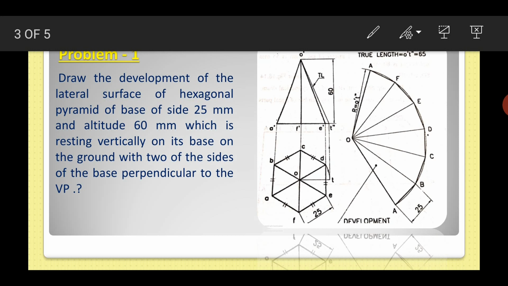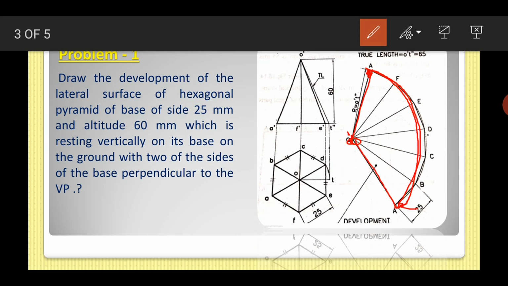Next, you mark the point O and make an arc with this. Take this true length here, mark a point A, and draw an arc like this up to a certain point.